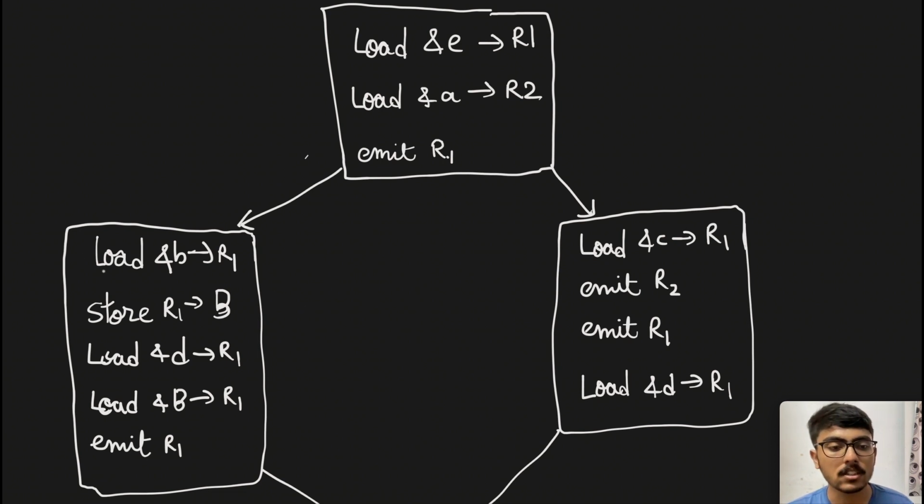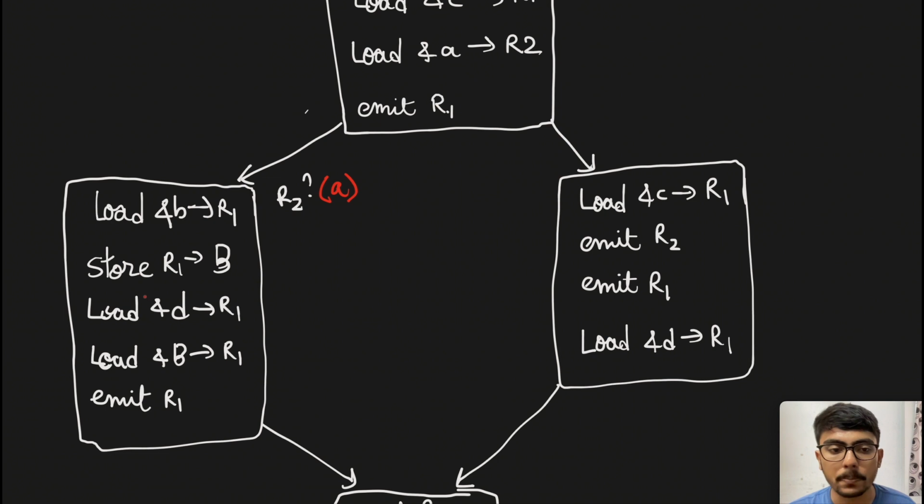So we'll just load B into R1. And why not R2? Because R2 is already containing A, so we will not disturb A and we will just keep R1 engaged.